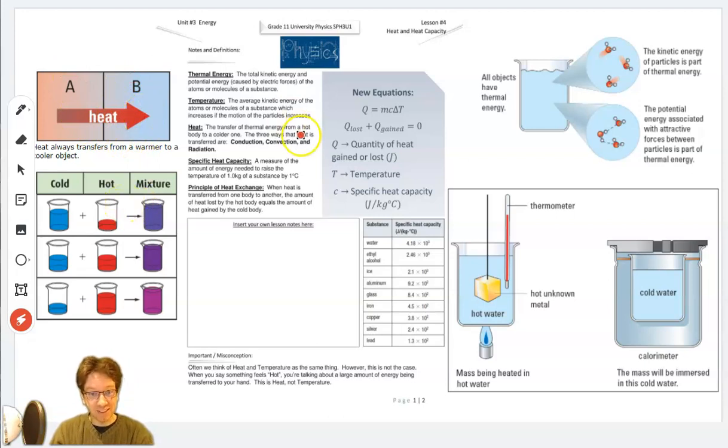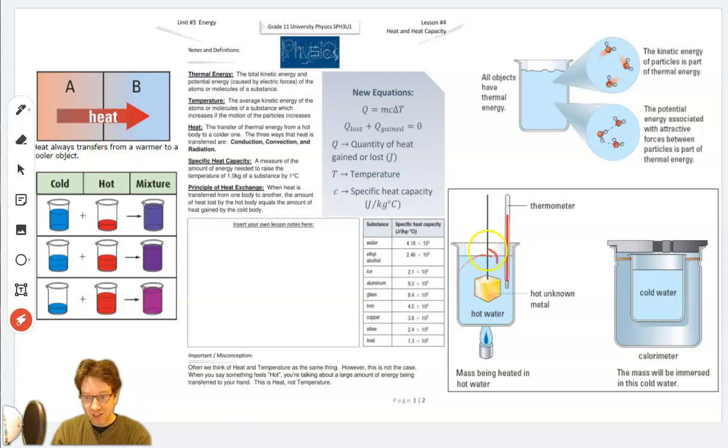Now there's 3 ways that you can do it. Conduction, if you were to touch something, right, you can transfer heat that way. Convection, so if you were to look at this little diagram here, if you're heating up the water, you're going to have hot water and colder water, so the hot water is going to move to the top, pushing the colder water down, and then the colder water gets heated.